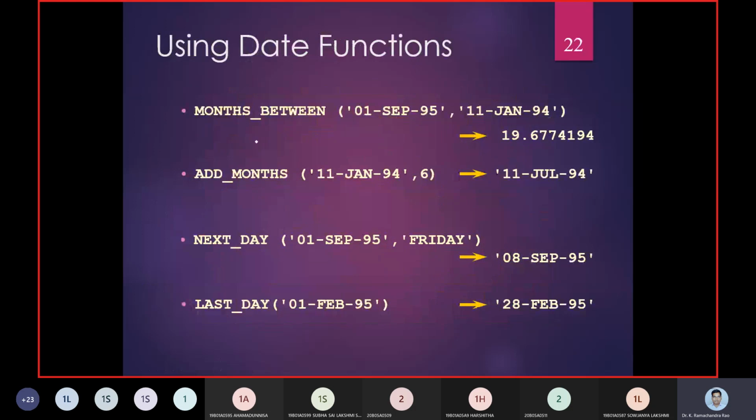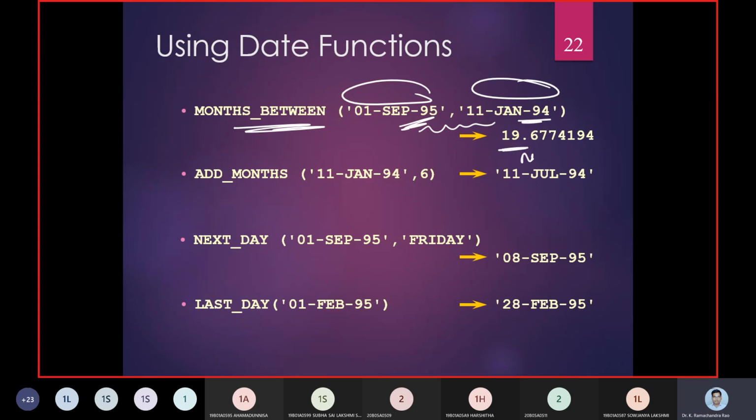Now here you can see months between. We can take the first date, we can take the second date. So how many months are there between September 95 and January 94? There are around 19 months. Similarly, we can add a number of months. January is 1, then you add 6, so 1 plus 6 equals 7, and 7 we call July.